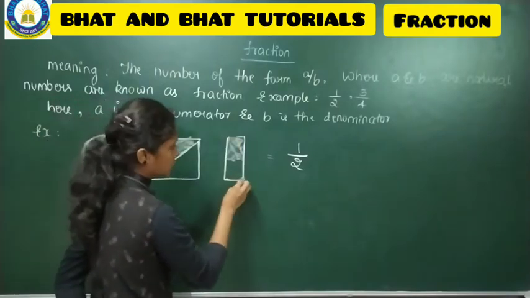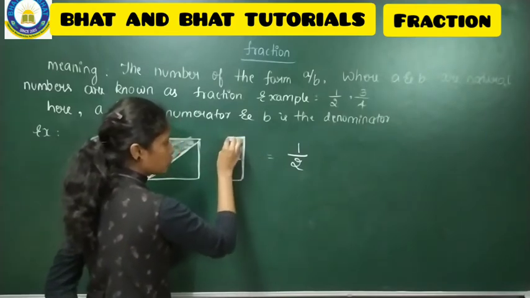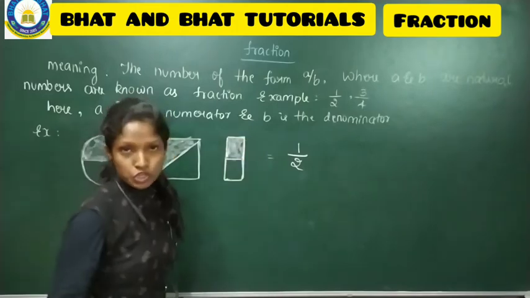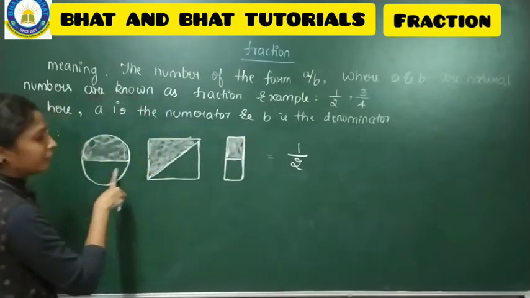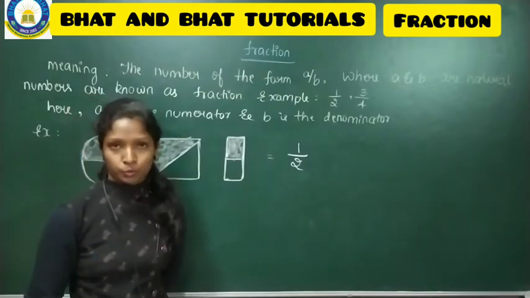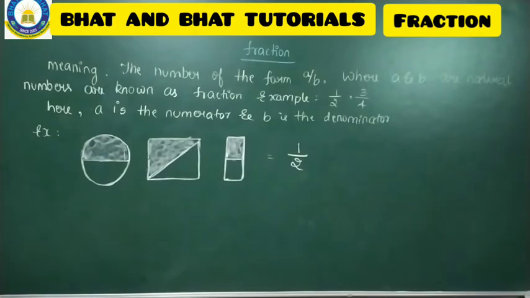And in this square, there are two parts, and out of them the first part has also been shaded. So all the figures symbolize 1 by 2. Now you can copy this down. Fine, hope you all copied this.